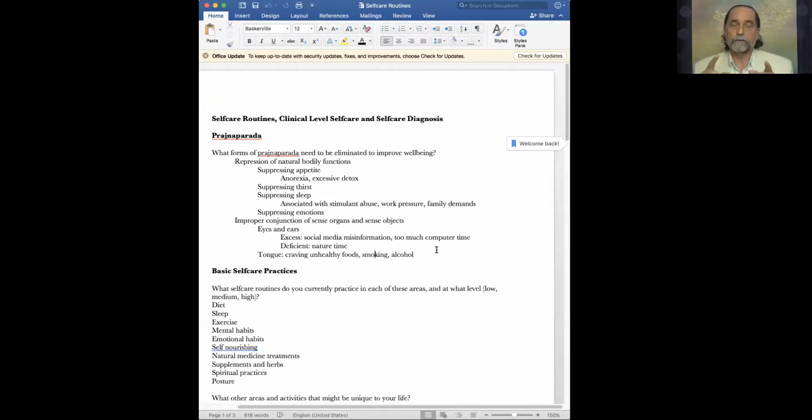And I always acknowledge this, because when we're talking about self-care and self-care routines and natural medicine, we have to keep in mind that conditions all over the world for countless people don't allow for taking care of themselves. That work is brutal, family life is brutal, society, the conditions of where they live in the environment are brutal.